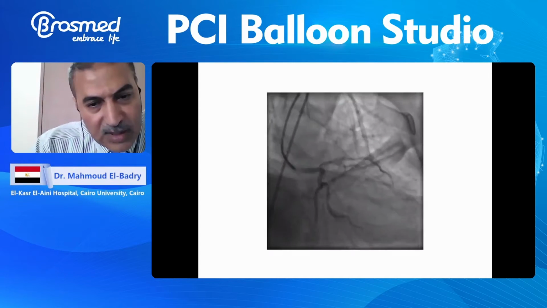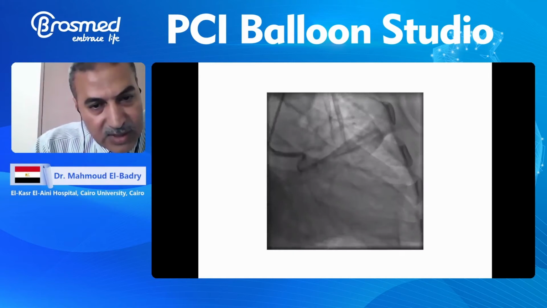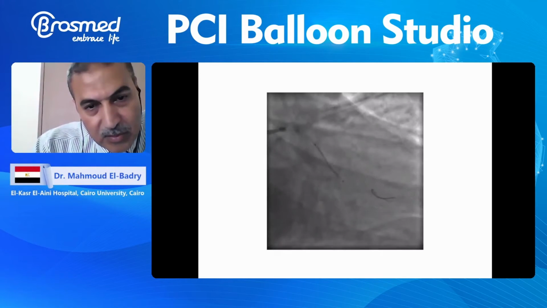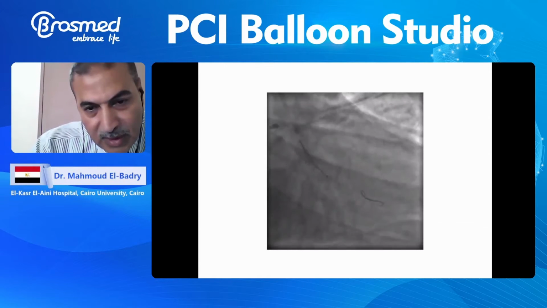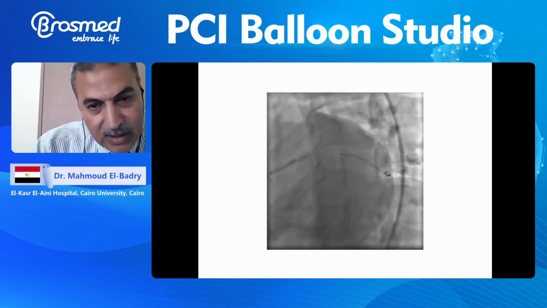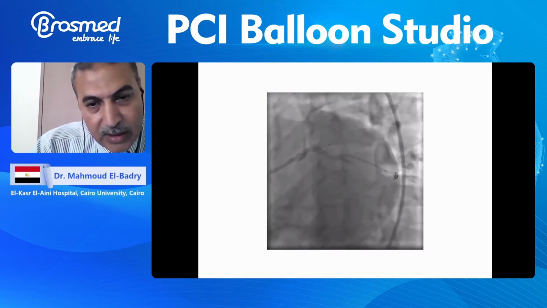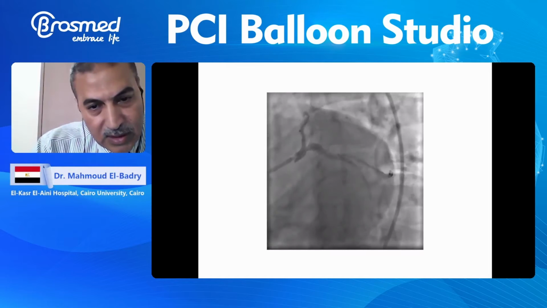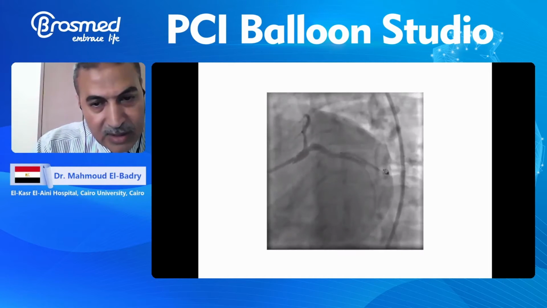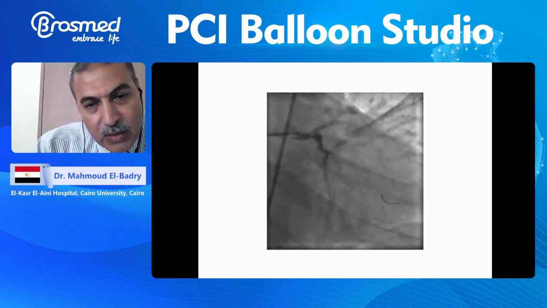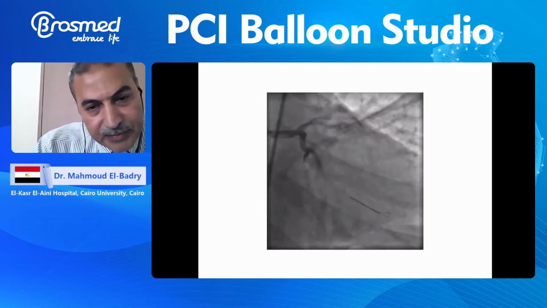It's a tortuous vessel, as you see. Then finally crossed with the stent, and in order to avoid putting it in the circumflex, I put it in the proximal segment in the ostium. So adjusted and expanded.